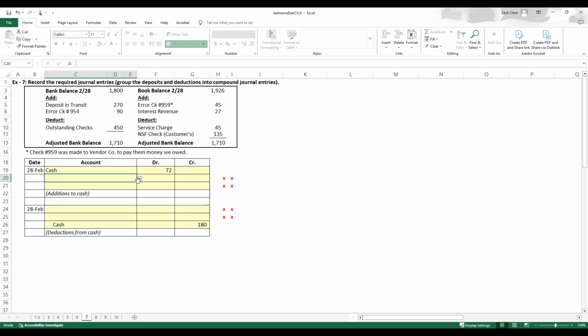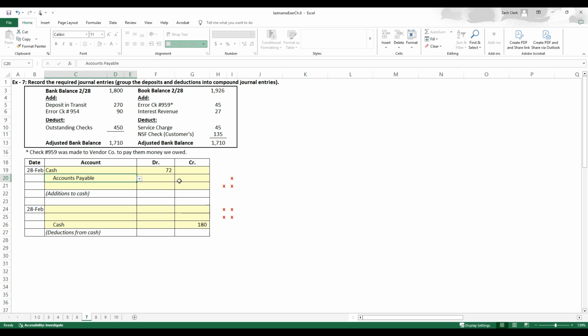So we made an error on our side, and this was for a vendor amount. And so let's see, we want to do miscellaneous expense, because what we're doing essentially is reducing, this was to pay them money that we owed.